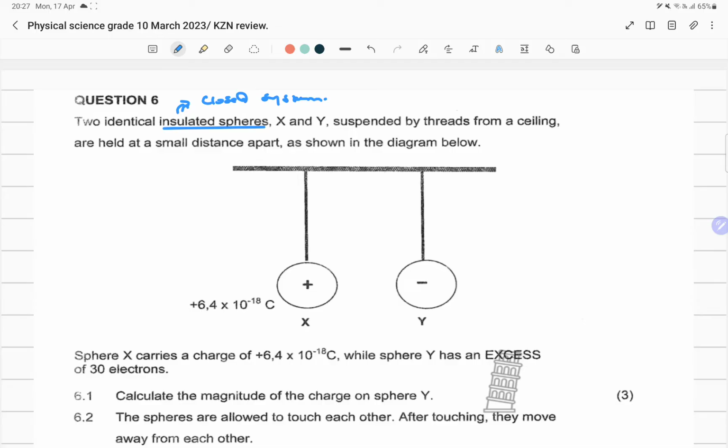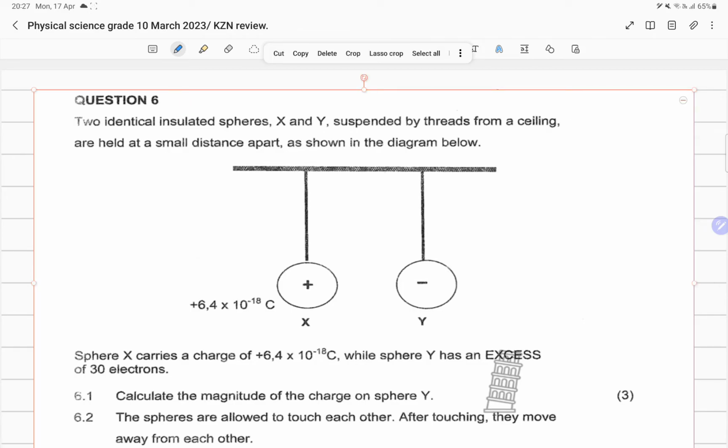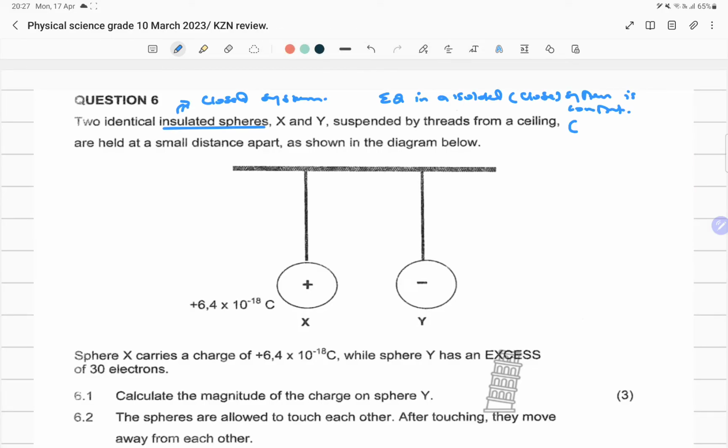Remember, total charge in an isolated system, or isolated, you can say closed system, is constant. This comes from the so-called charge can neither be created nor destroyed, but can be transferred from one material to another in a particular system. So that is the story there.